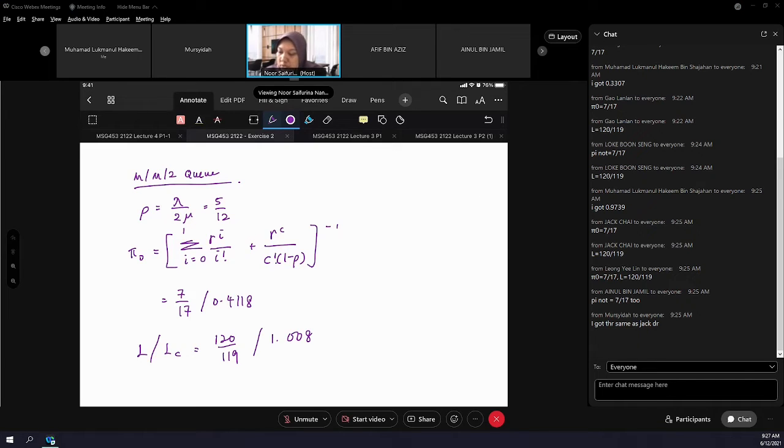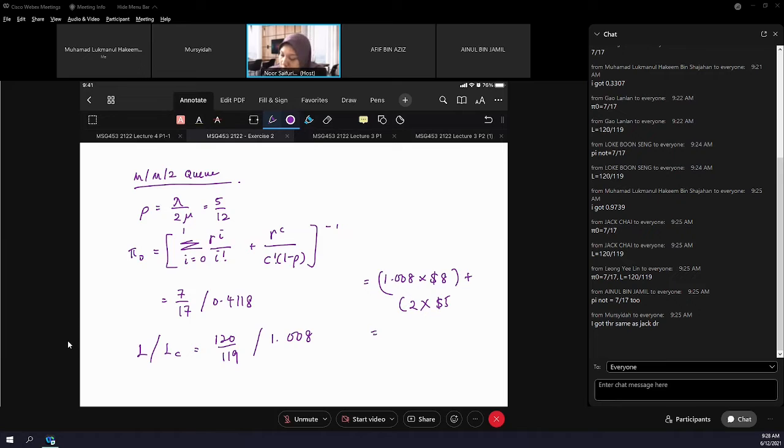So next, you have to calculate the cost of time lost by the workers in the new system. So 1.008 times they are paid $8, and then plus the payment for your 2 servers, 2 times $5.